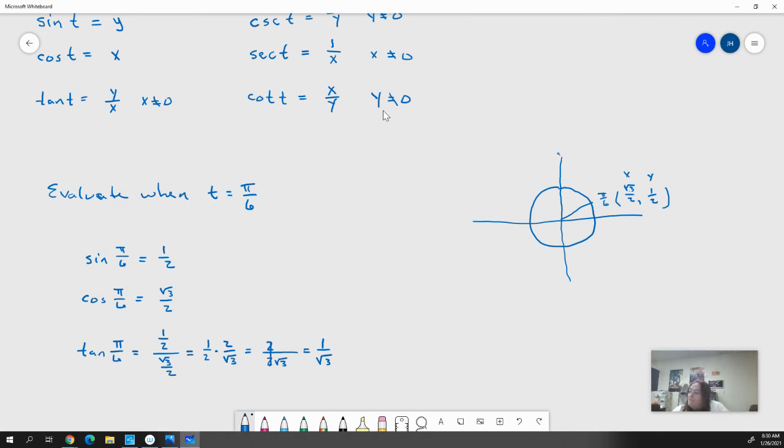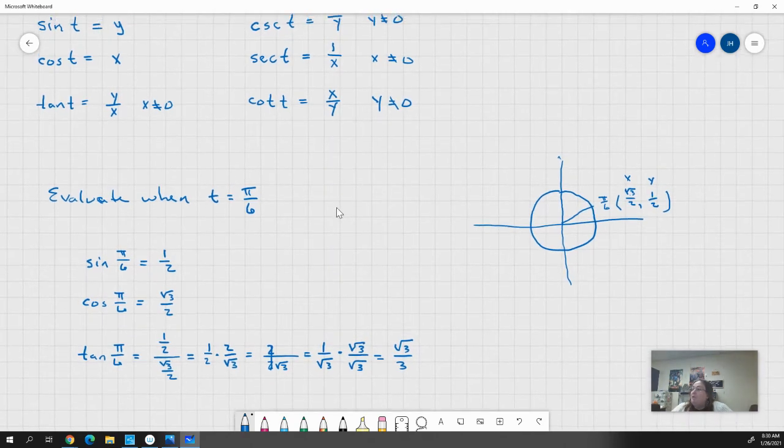And all that means is I have to multiply the top and bottom times whatever that radical is, right? And I would get rad 3 over 3. It works every time, just whatever that radical is, multiply the top and bottom by that. And it's called rationalizing the denominator because you can't have a radical in the denominator.